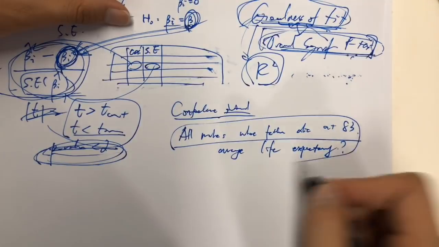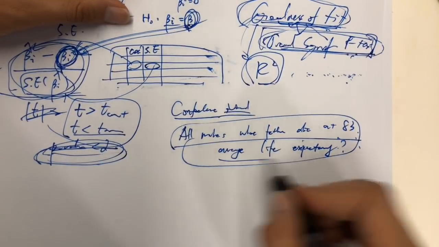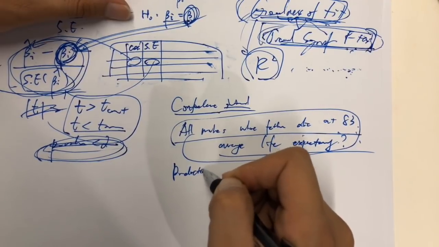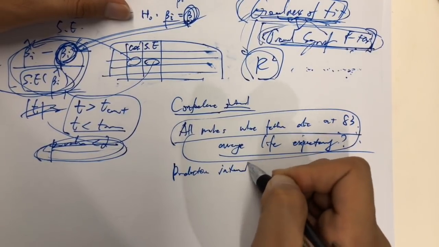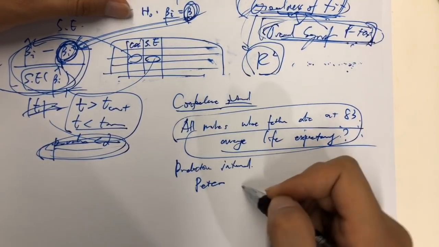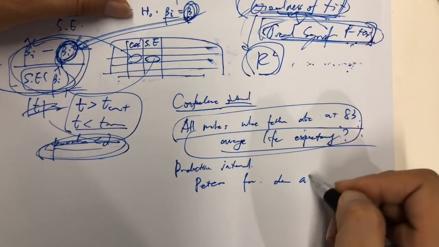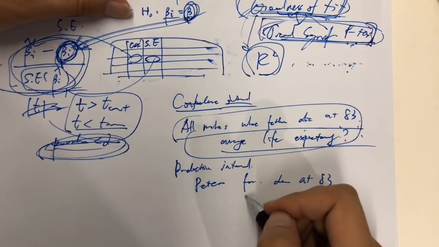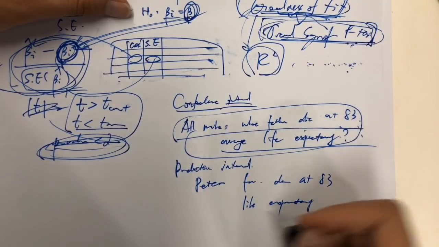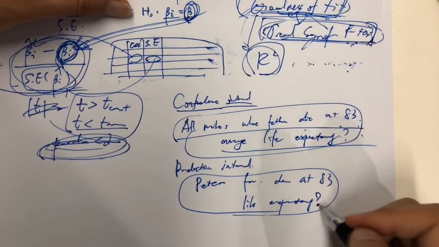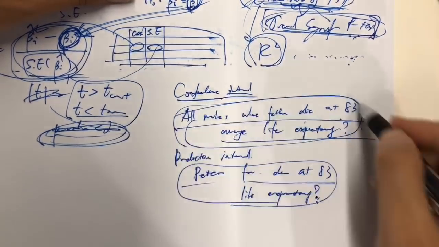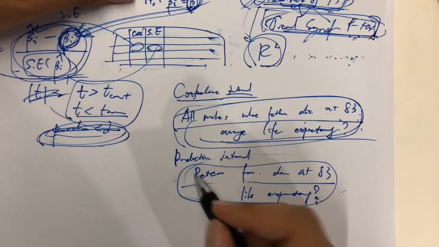And for a prediction interval, if we know a Peter whose father died at 83, what is the life expectancy of Peter, this particular person? This is the example I had in my tutorial.